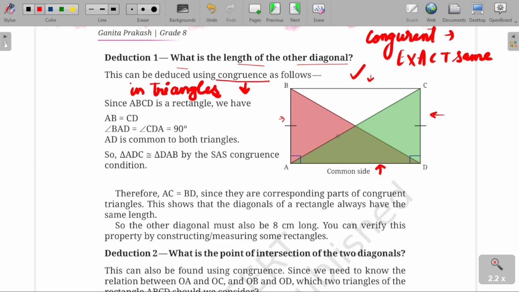These are the 4 triangles made. And there is a bigger triangle also, ABD. Can you see that? This one. And the second is ACD.